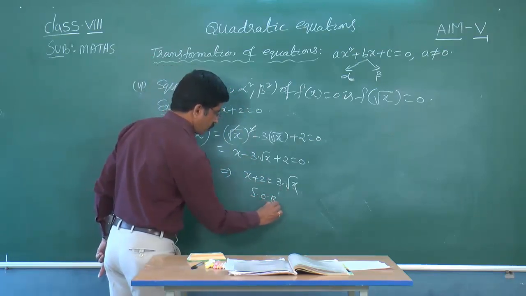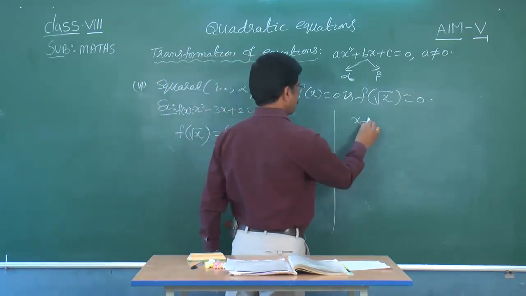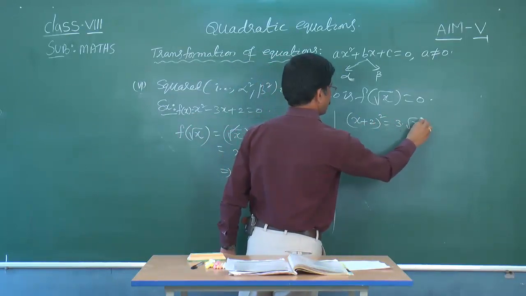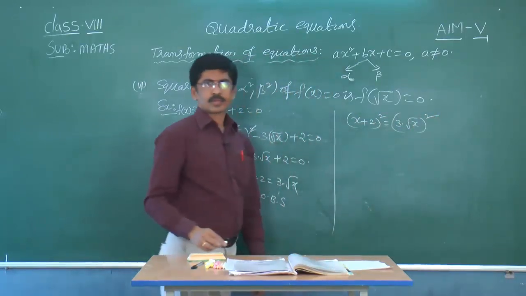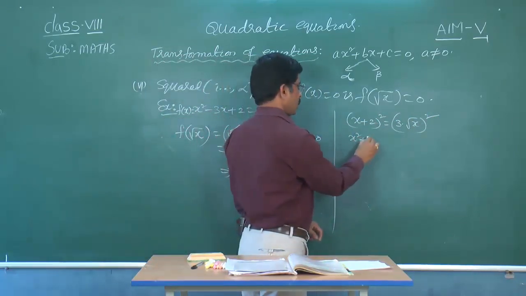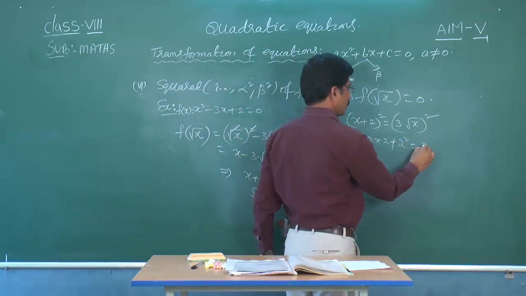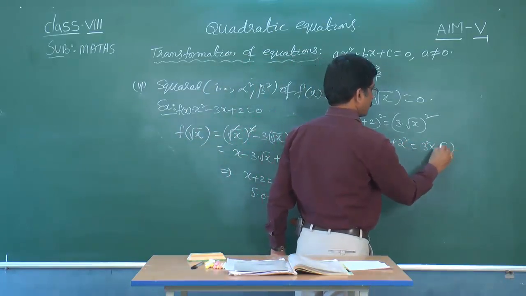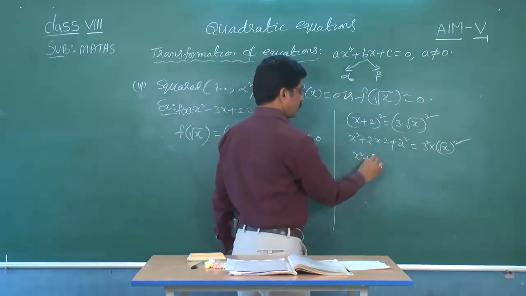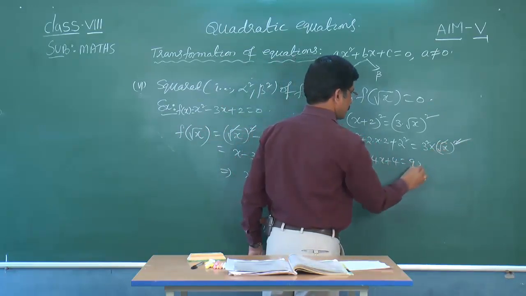Squaring on both sides, we get x plus 2 whole square is equal to 3 square into root of x whole square. In the (a plus b) whole square form, x square plus 2ab plus b square, that is x square plus 4x plus 4 is equal to 9x.